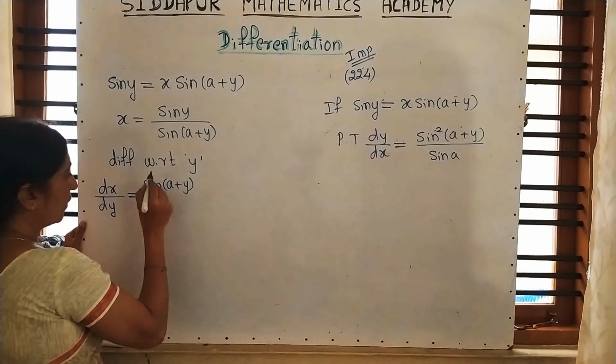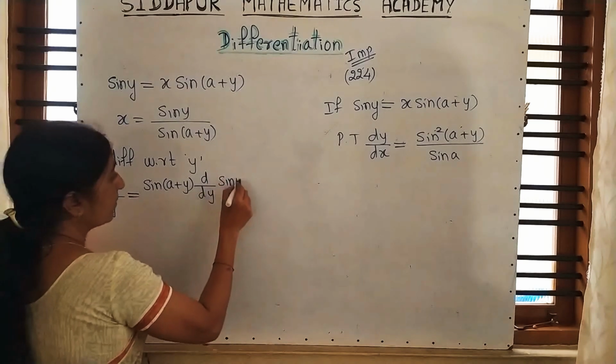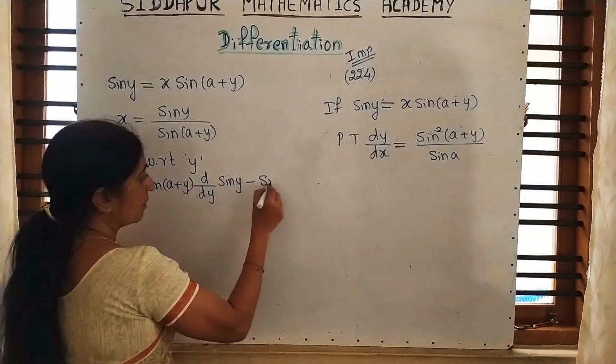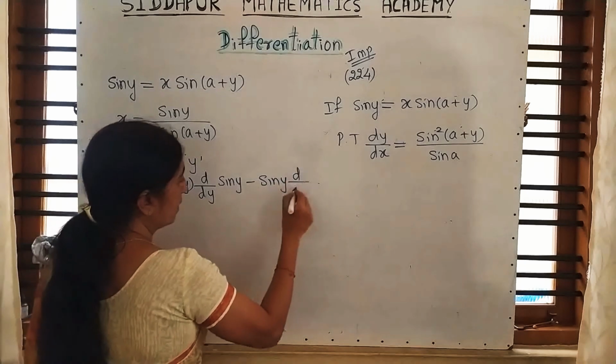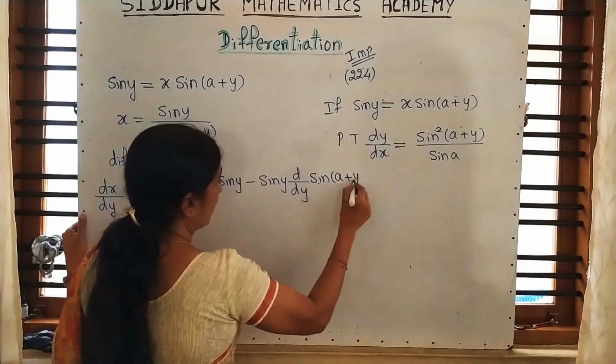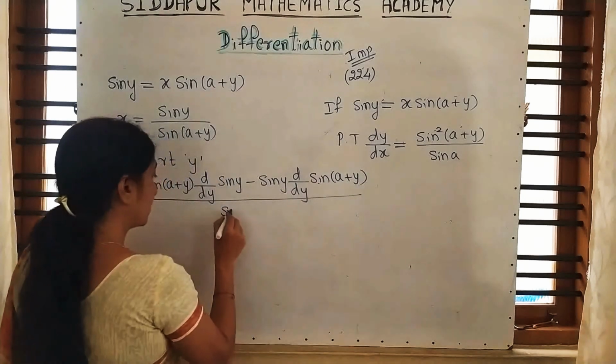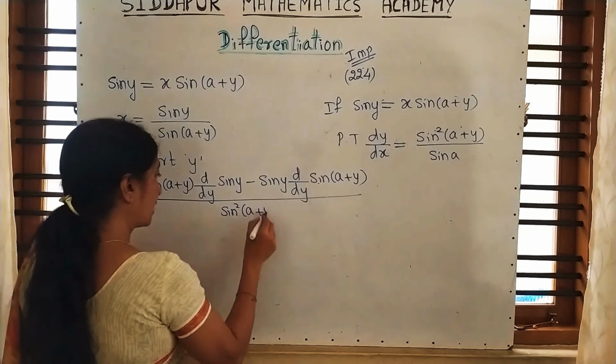Sin (a plus y) d upon dy of sin y minus sin y d upon dy of sin (a plus y), divided by sin square (a plus y).